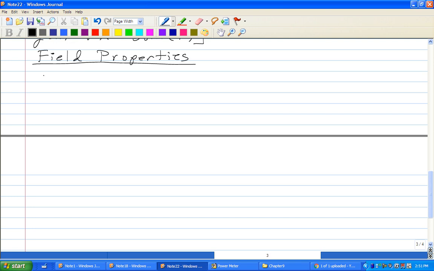And so first, it satisfies the closure property for addition.